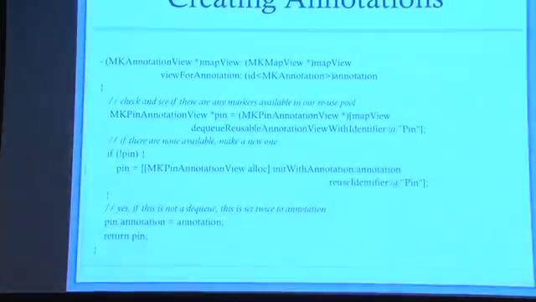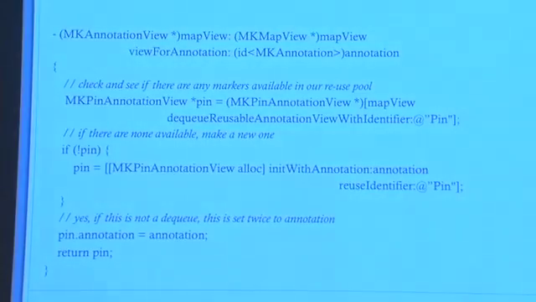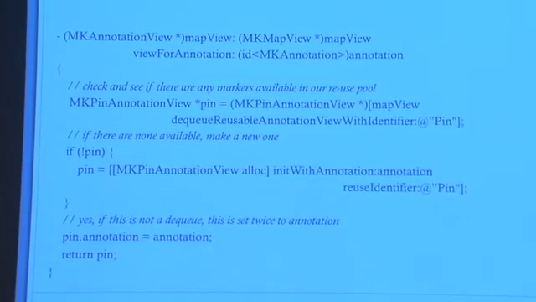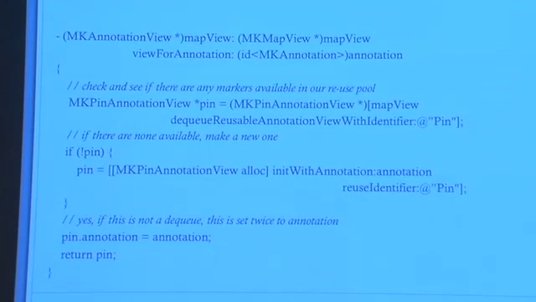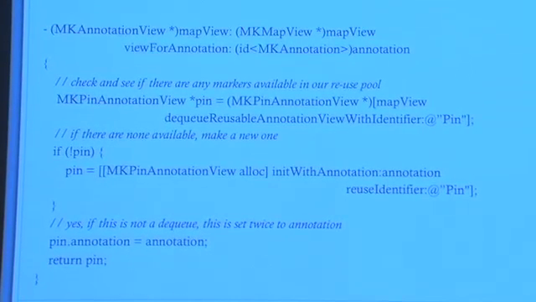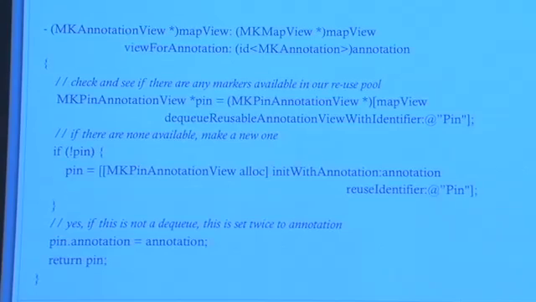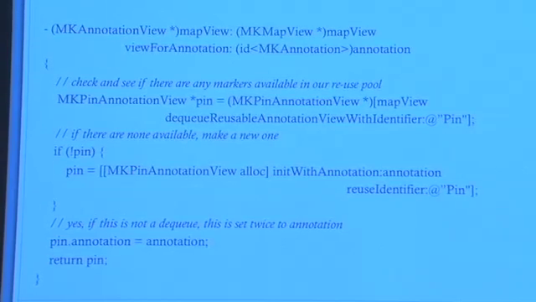MKPinAnnotationView pin equals mapView dequeueReusableAnnotationViewWithIdentifier pin. And if there aren't any, then it's going to have to make a new pin, right? So it allocs and inits a new pin with a specific annotation and a reuse identifier pin. So this is where you're setting the reuse identifier here.